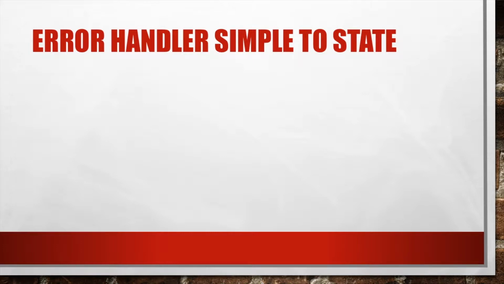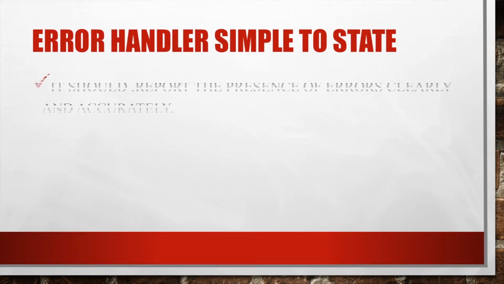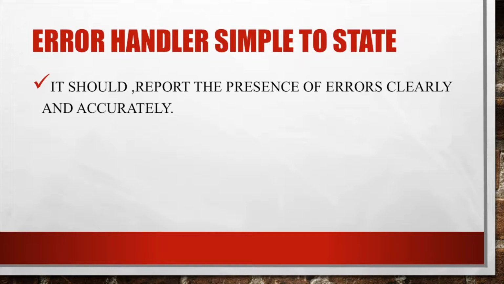Much of the error detection and recovery in a compiler is centered around the syntax analysis phase. One reason for this is that many errors are syntactic in nature or are exposed when the stream of tokens coming from the lexical analyzer disobeys the grammatical rules. The error handler has simple rules to state. First, it should report the presence of errors clearly and accurately.